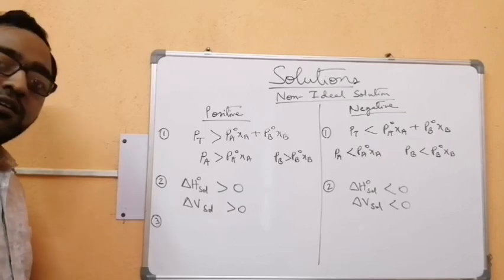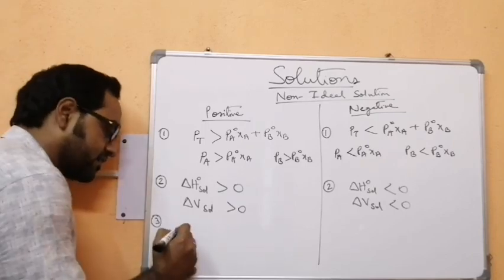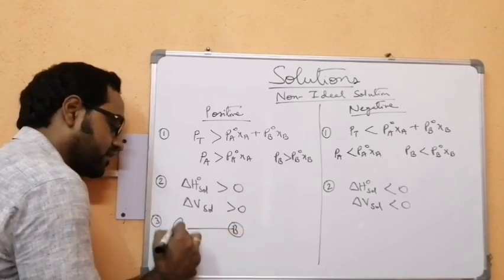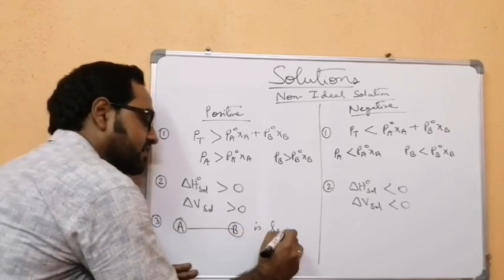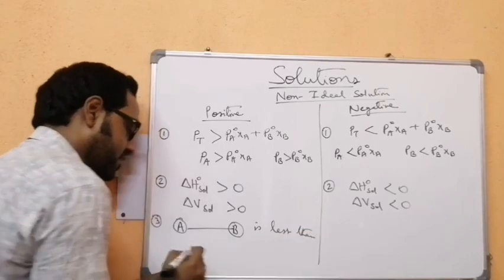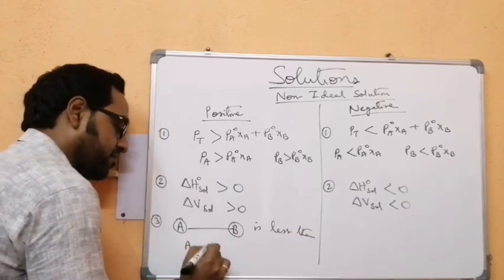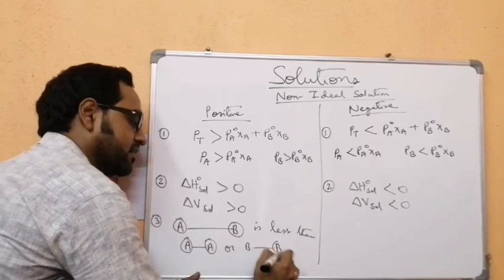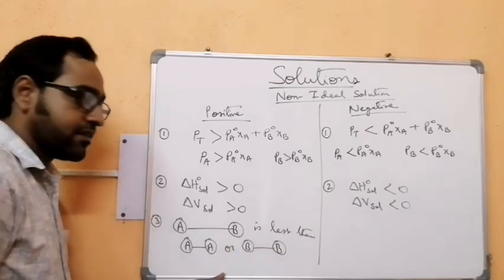Third, the interaction. In this case, the AB interaction is less than the AA or BB interaction.